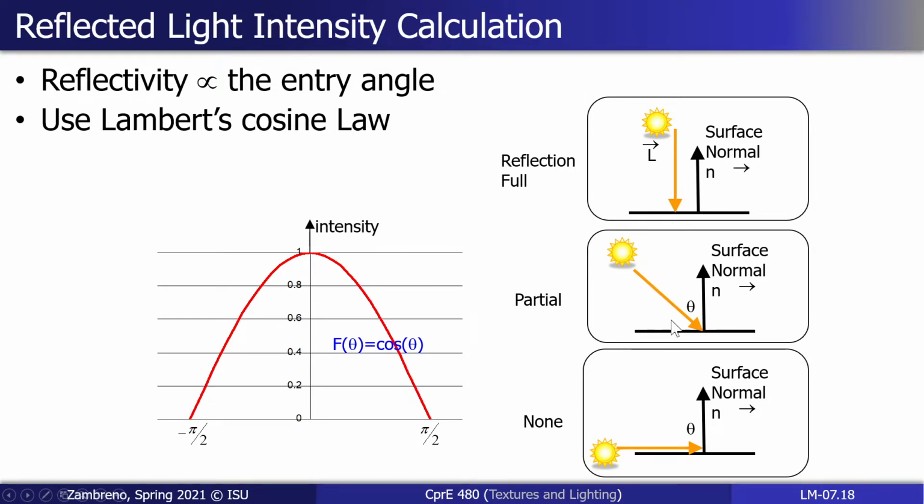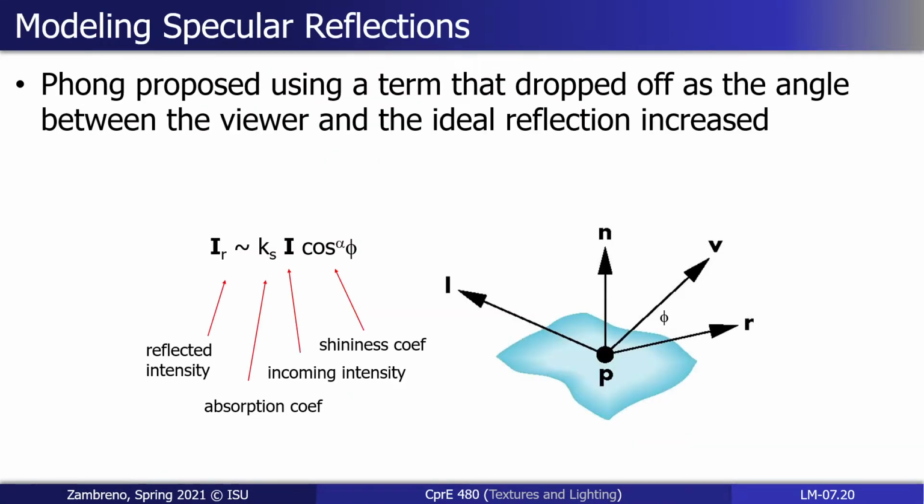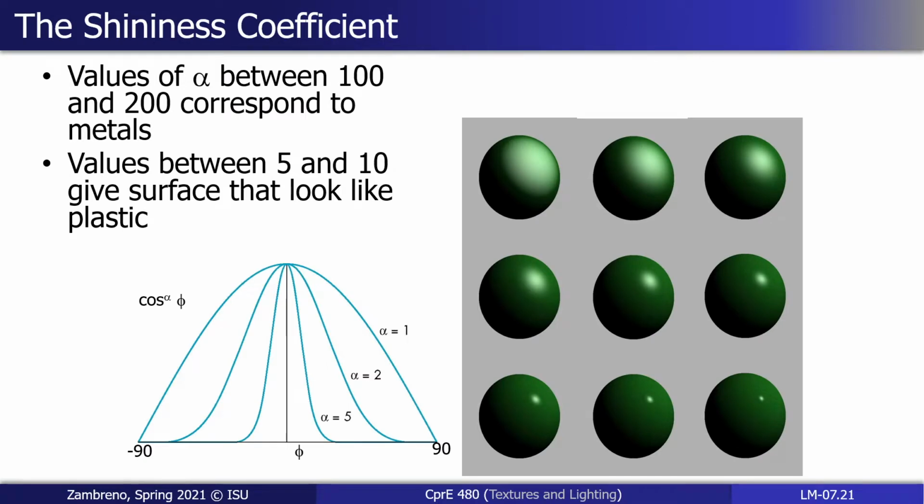Otherwise, you get a varying amount based on the angle between the light and the normal, and if it's completely flat to it, then if the angle equals zero, then you get no light reflected back out. So that's the diffuse component of the model. Then there's the specular component, which was this term, and it is using a cosine term raised to that exponent to give you that type of highlight.